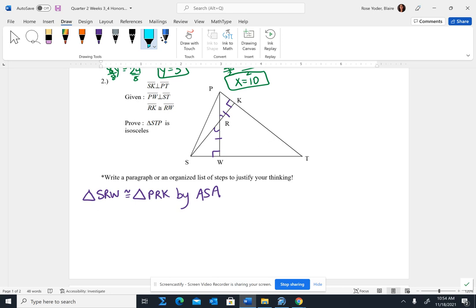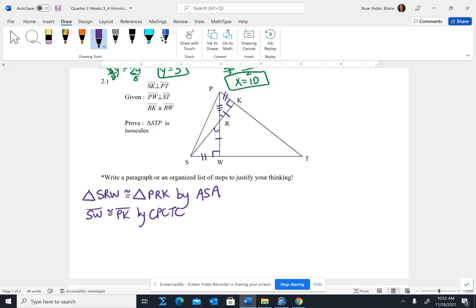So I could use the fact that SW and PK are also congruent. SW is congruent to PK by CPCTC. And I might actually want to steal the other side as well.